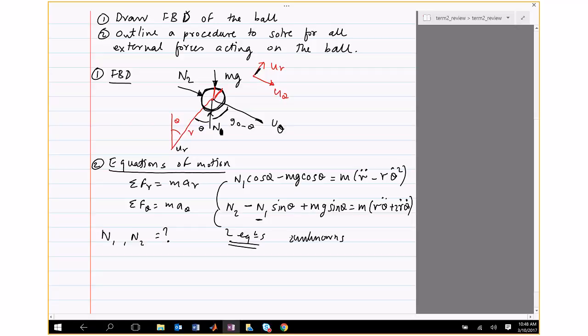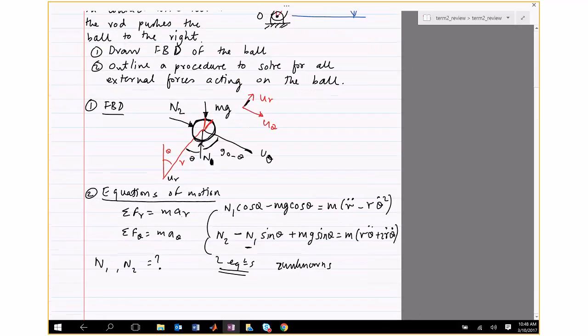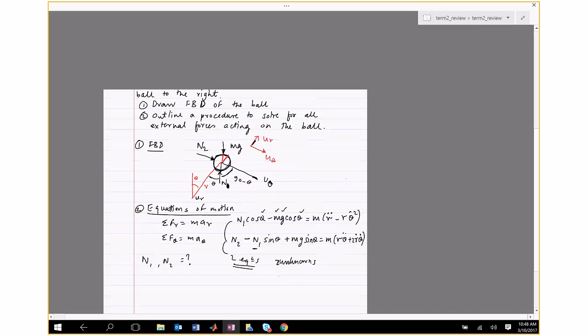And if that's true, then I can solve those two unknowns using the two equations. So everything else has to be known. Let's see what are the things we know. Well, theta will be given to you, so that's known. Gravity is given, mass is given. I still need to compute r, theta dot, and theta double dot.